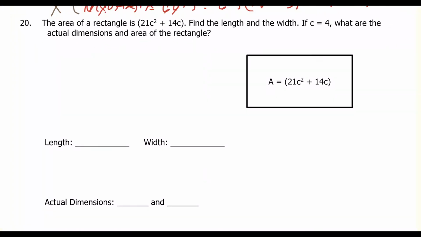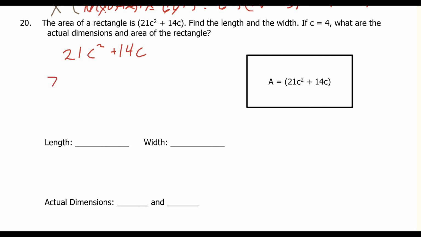Now the area of a rectangle is 21c squared plus 14c. Find the length and width if c equals 4. What are the actual dimensions and area of the rectangle? So, we got 21c squared plus 14c. Now, what will go into both 21 and 14?